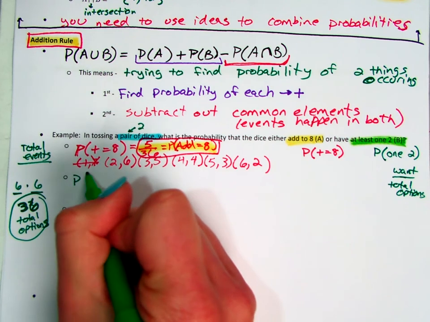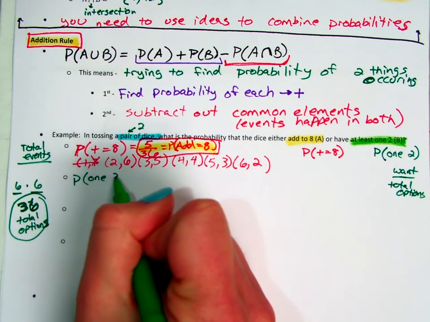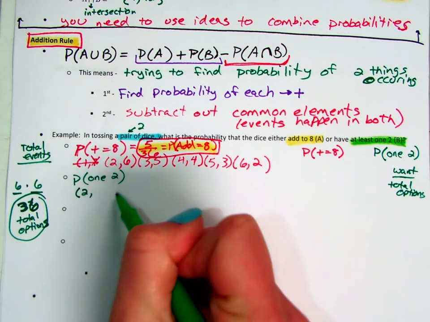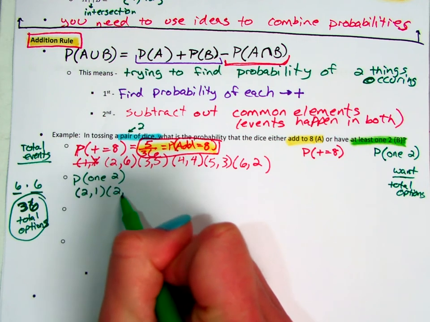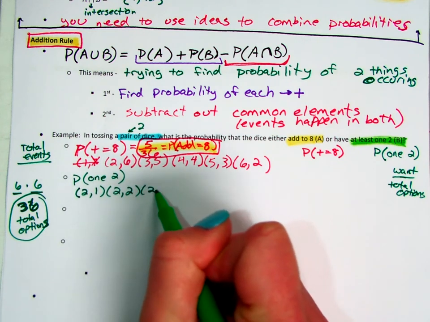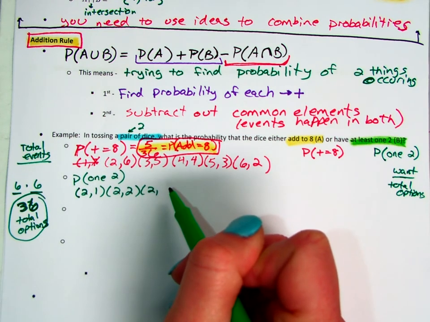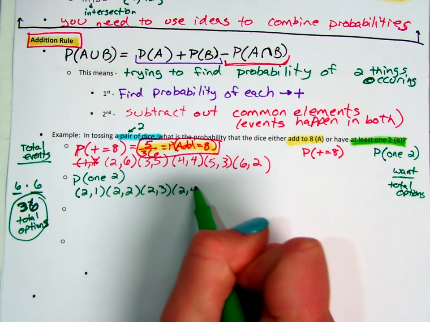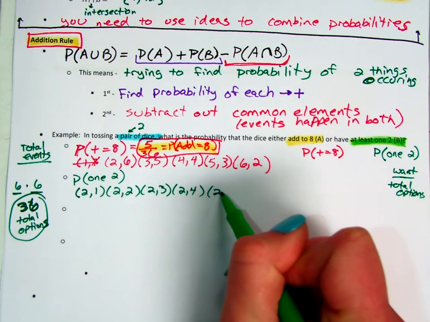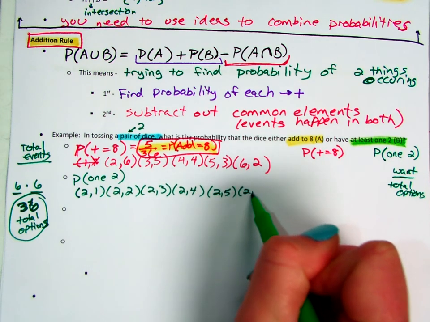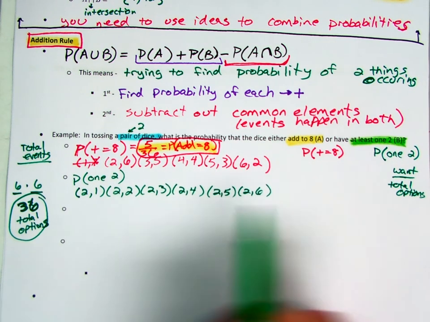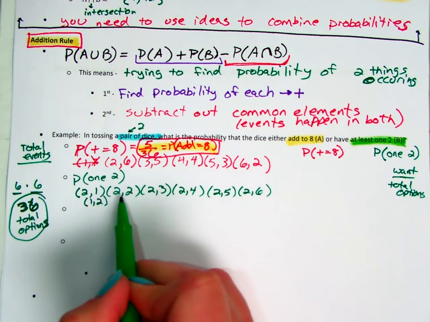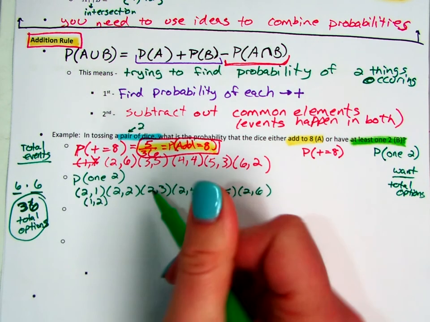So the probability that there's at least one 2 in it. Well, we can start out by listing it. If my first thing's a 2, then it could be 2 1, 2 2, 2 3, 2 4, 2 5, 2 6. And then couldn't the reverse of each of these also have a 2 in it? So 1 2. 2 2, we can't reverse it because it would be the same thing.